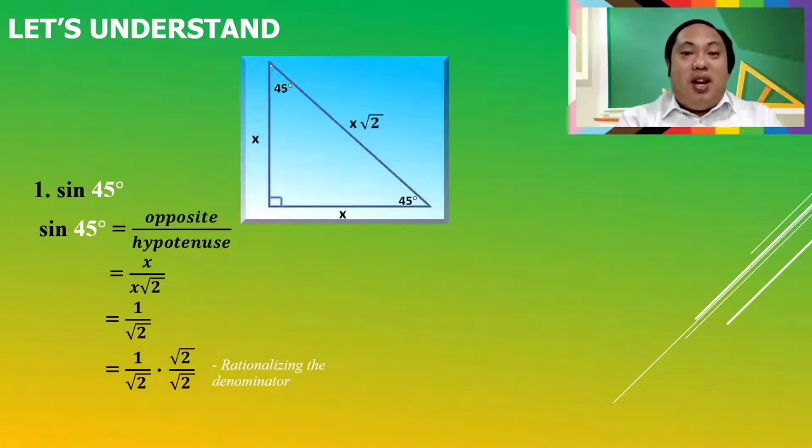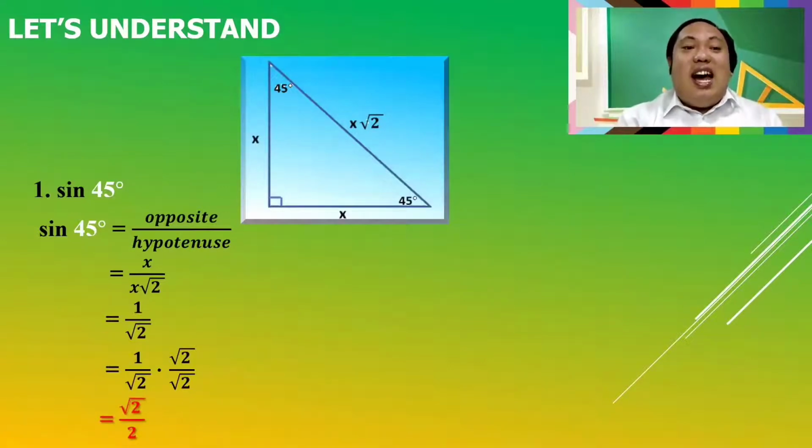Rationalizing the denominator is used when we have radicals in the denominator. Then we have square root of 2 over 2. Hence, our sine 45 degrees is square root of 2 over 2.